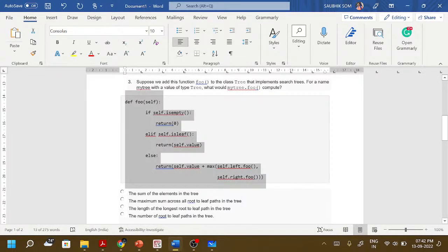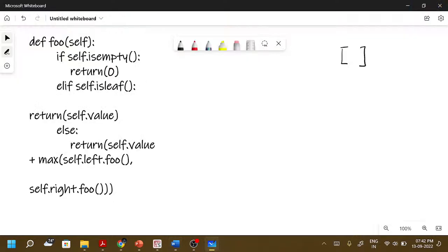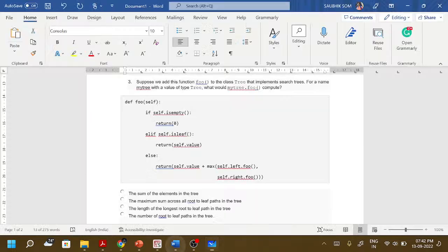The indexes have gone wrong here, so I moved it here. Then elif self is a leaf, return self.value. Otherwise, return self.value plus the max of self.left.foo and self.right.foo.